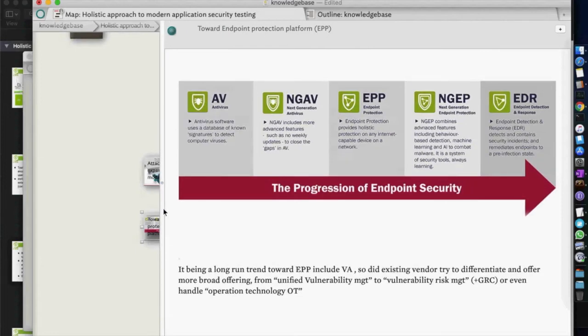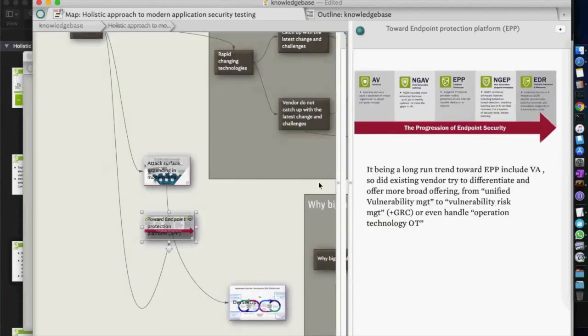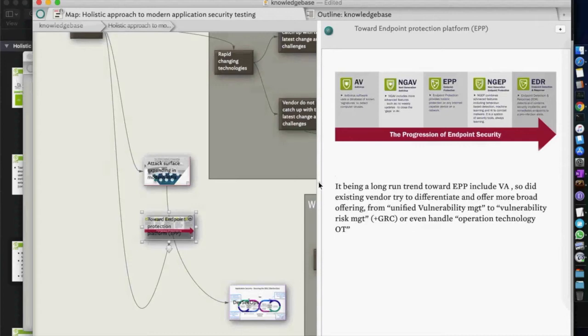EPP is a term introduced to describe a long-range trend for all the application security testing tools: most specialists or analysts believe that this whole platform and portfolio should eventually be absorbed into what is called the EPP, the Endpoint Protection Platform, that is commonly offered by the big AV houses as part of a bundle, because some components like vulnerability assessment are already incorporated into their tools to offer a single unified platform to detect that.